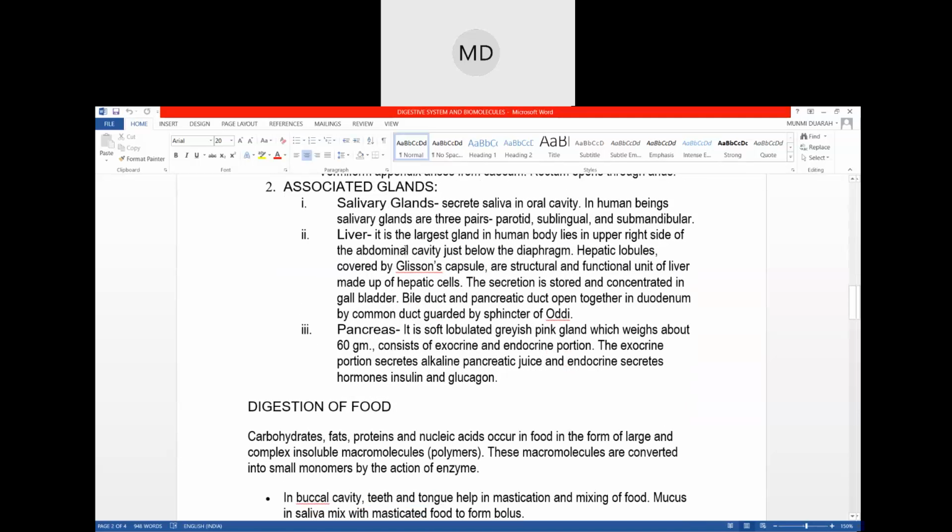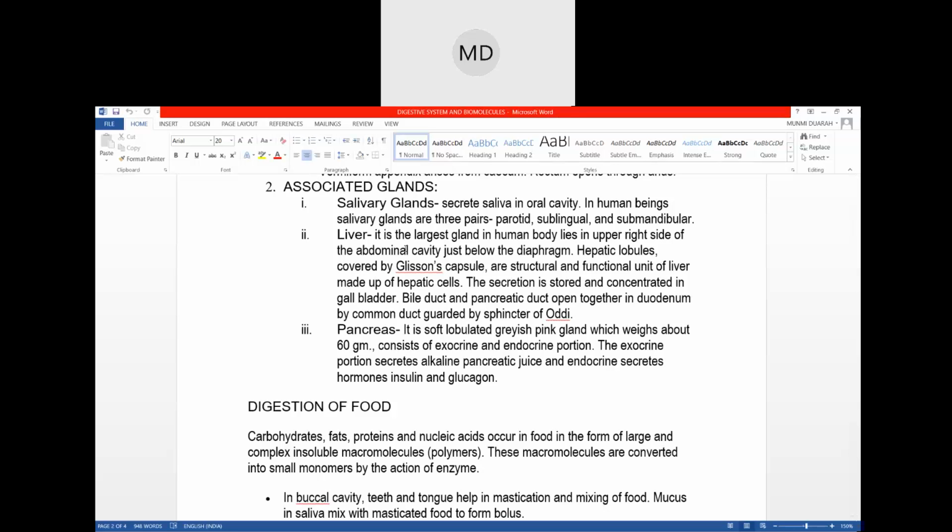Then we'll move to the associated glands. We already discussed glands in the previous chapter, chemical control and coordination, I guess. So what are glands?